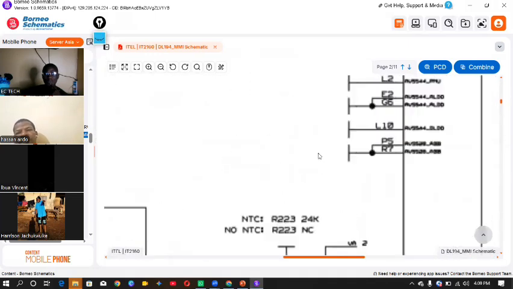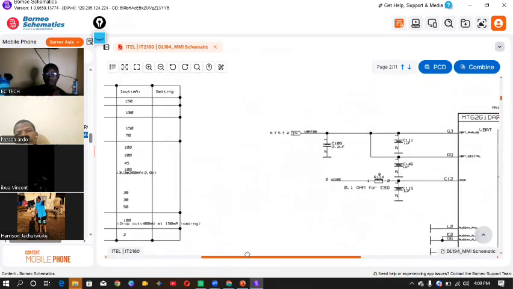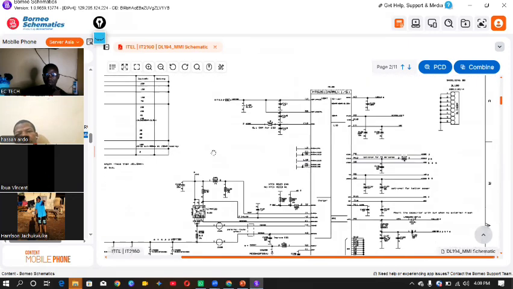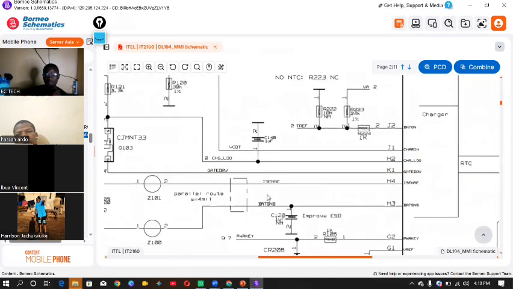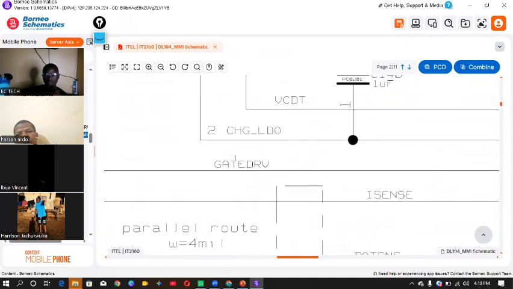So it is the power IC that sends this signal that we call drive. That's voltage drive. This is gate drive.